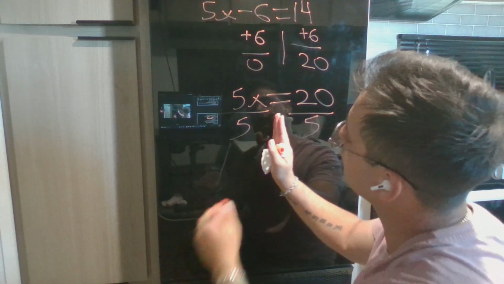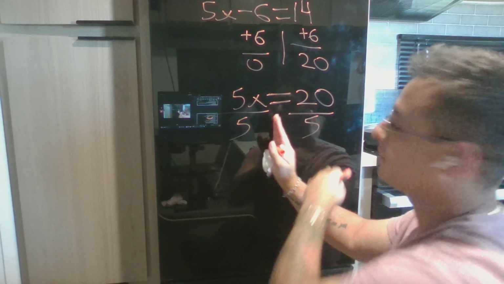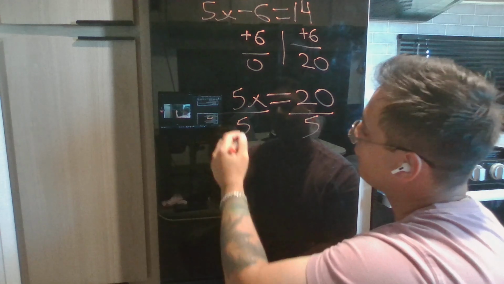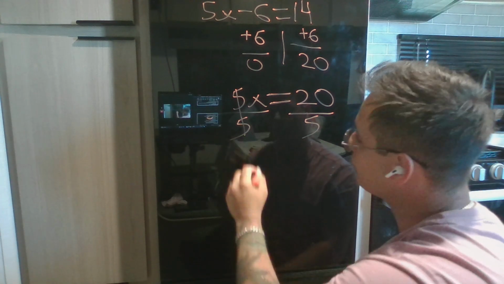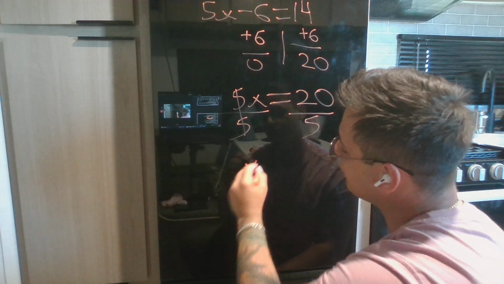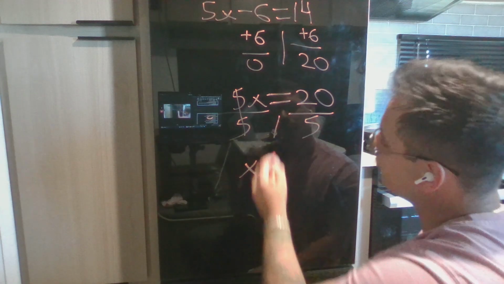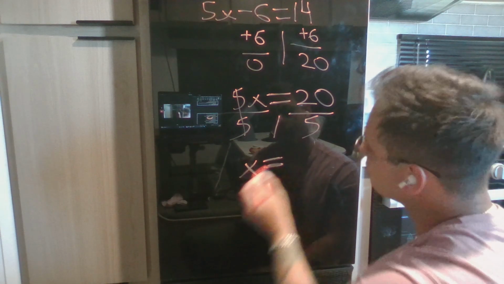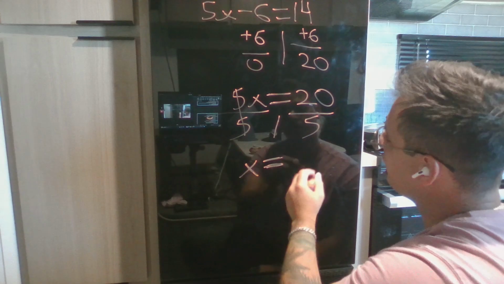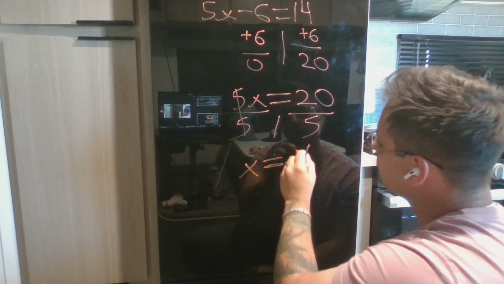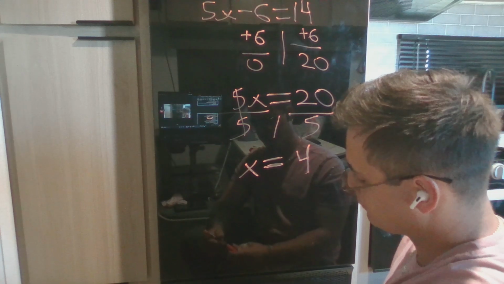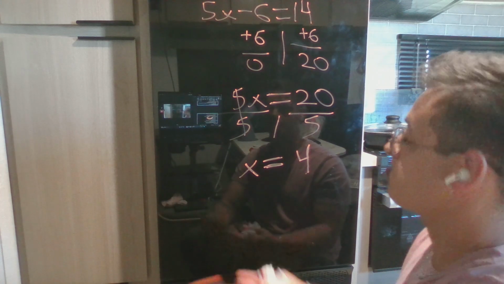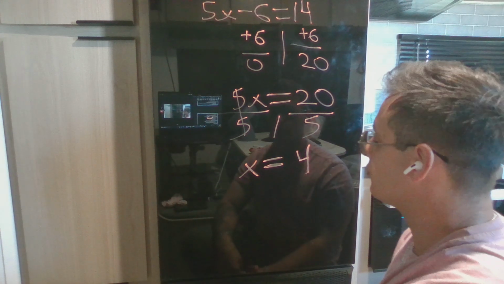Because whatever you do to this side, you have to do to this side. 5x divided by 5 cancels these 5s out, and brings that beautiful x down here all by itself. Isolating that x. What we want to do. Put our equal sign down. 20 divided by 5 is 4. Oh, look at that. Beautiful. 4. Okay. So x equals 4.